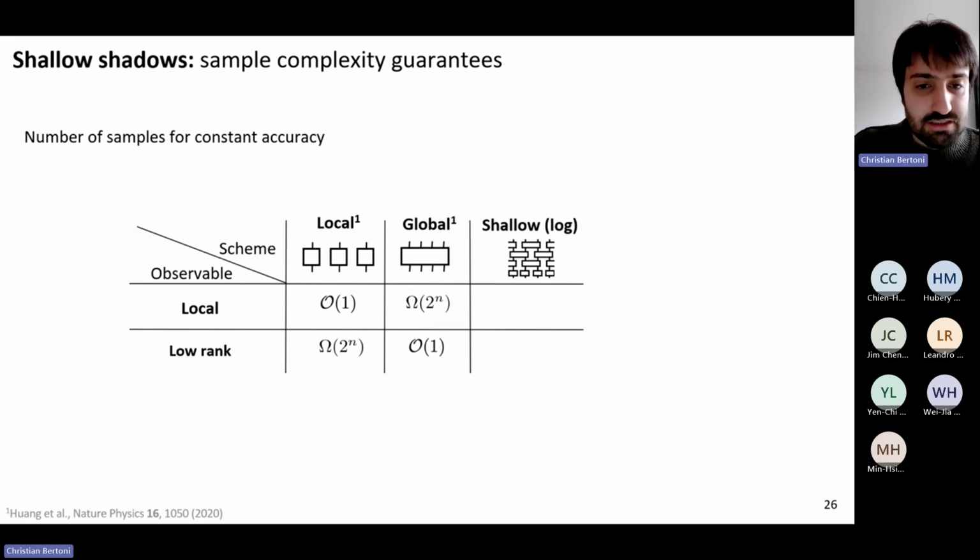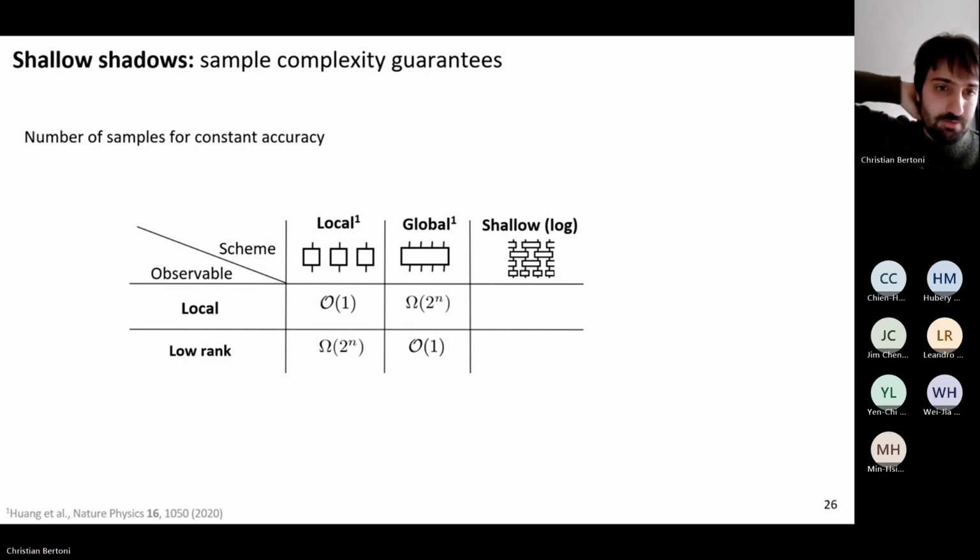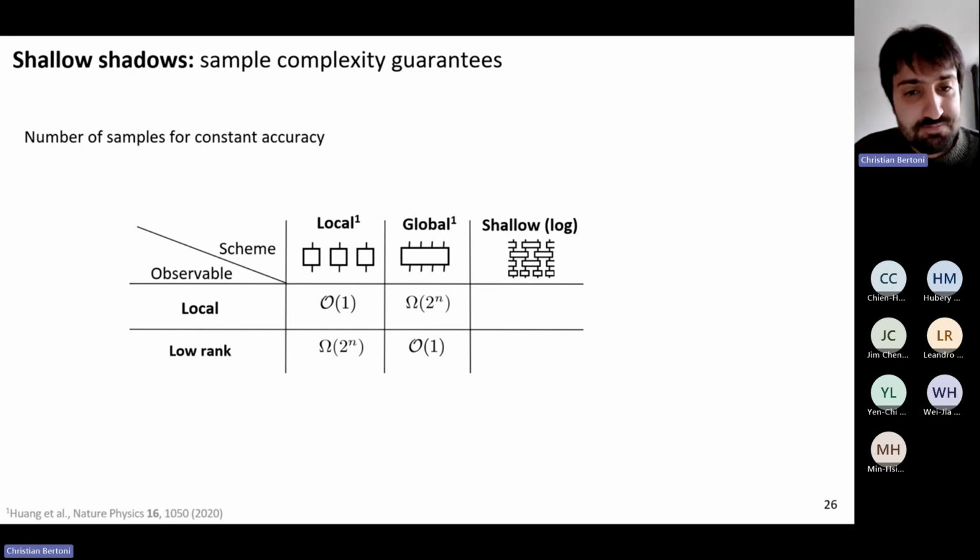And here, just a refresher on what I talked about now, like half an hour ago, on other ensembles, the ensembles considered by Huang, Kueng and Preskill. And in this table, I show how many samples we need if we want to get some constant accuracy in our estimation as a function of the system size.